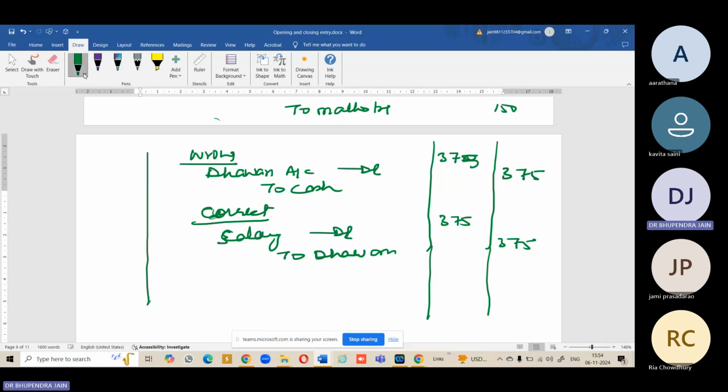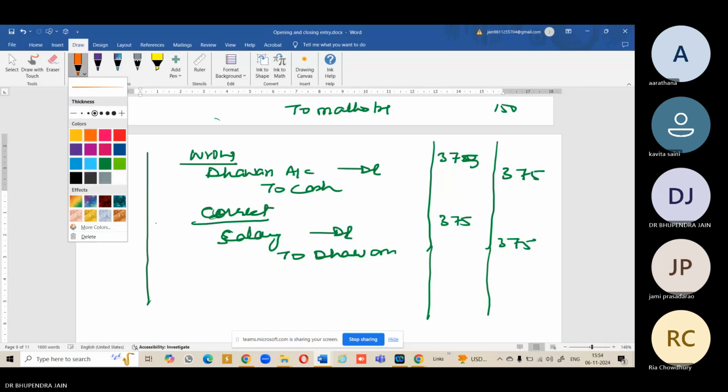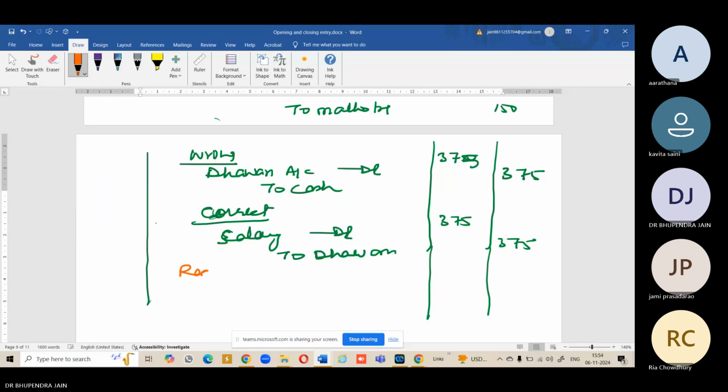So now what will be the rectified entry? Sorry, salary account debit to cash, sorry. So first cancel the correct entry in both the side. Cash account is given in credit side, in both the cases, whether entry is wrong or entry is right.